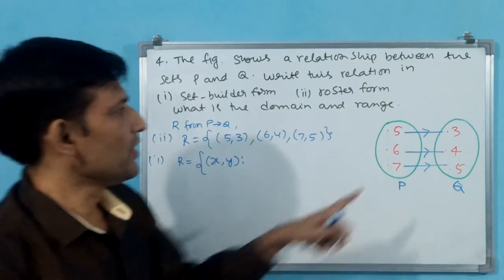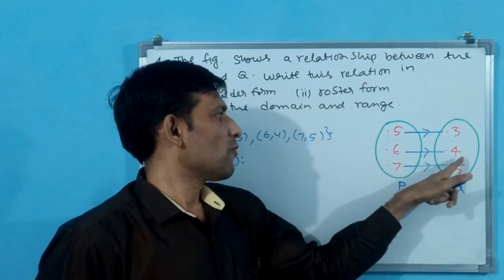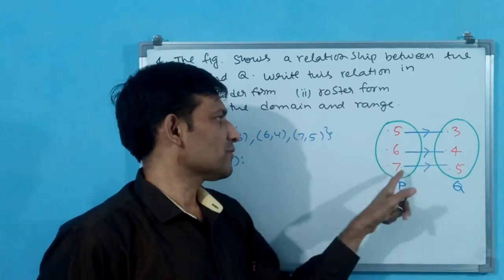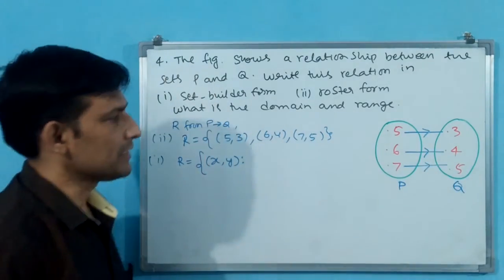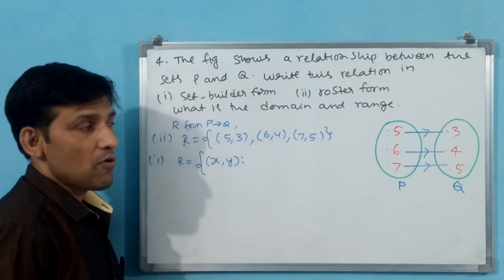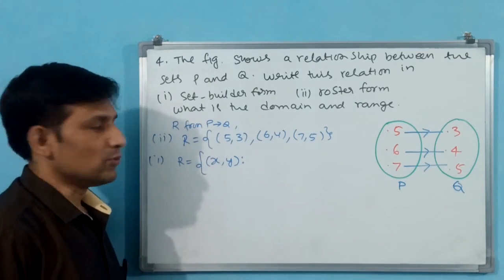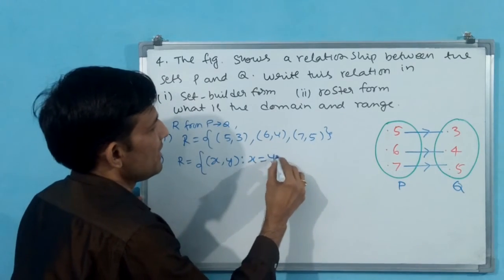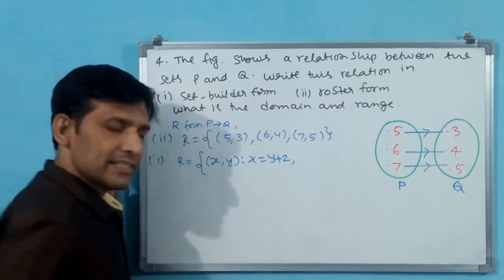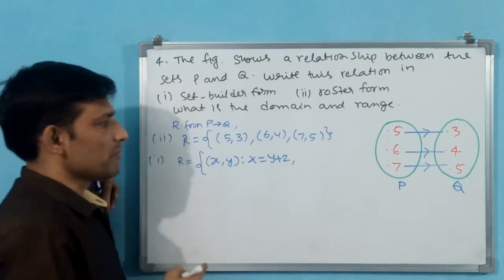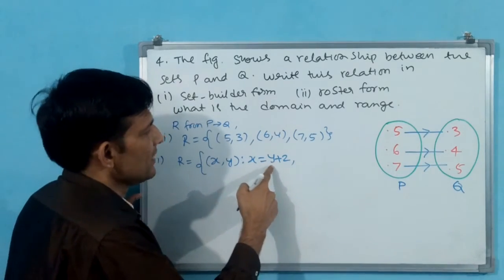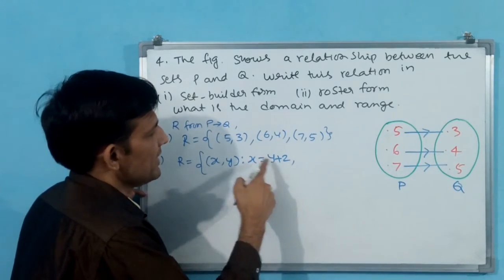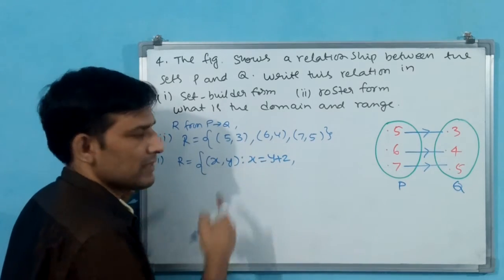You see, 3 plus 2 is 5, 4 plus 2 is 6, 5 plus 2 is 7. You understand? Then the relation is x is equal to y plus 2. Okay, you write the same. Is it correct? x is equal to y plus 2. Why? Because y 3, x 5, y 4, x 6, y 5, x 7.